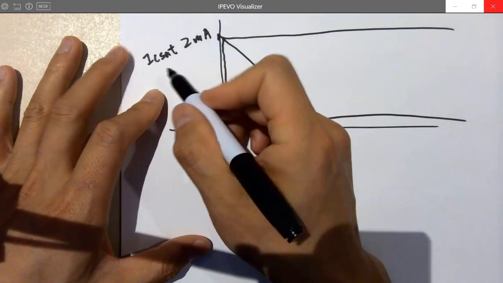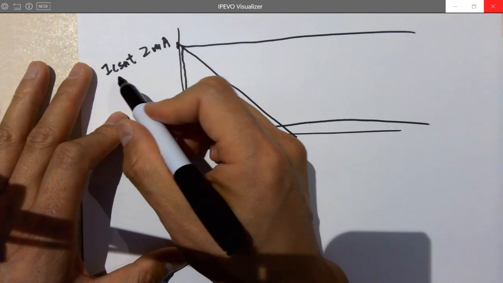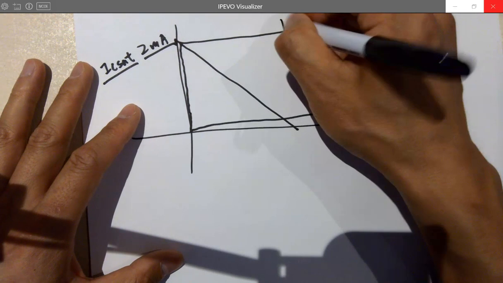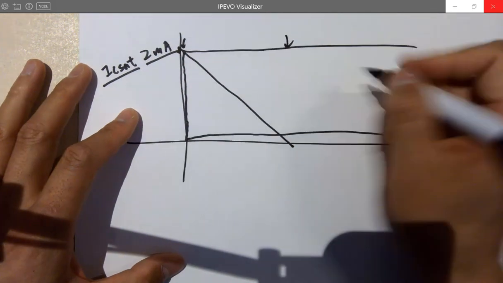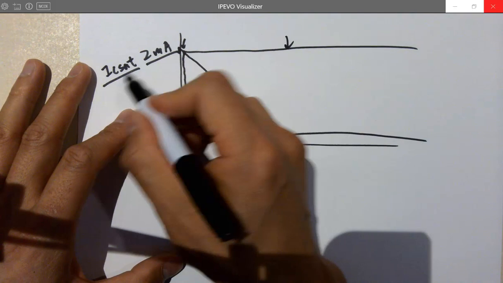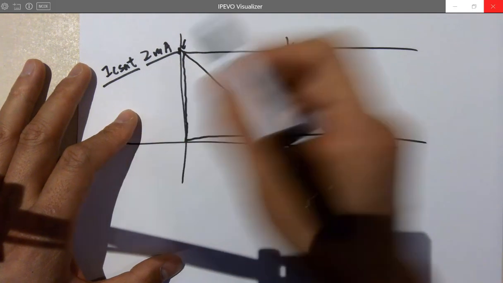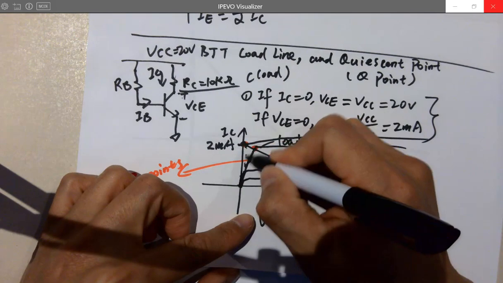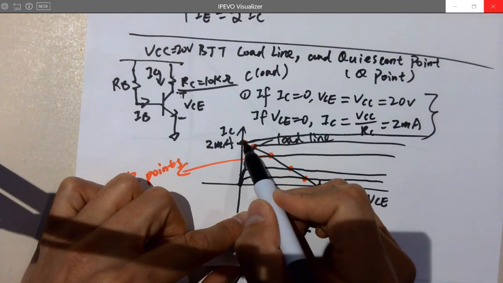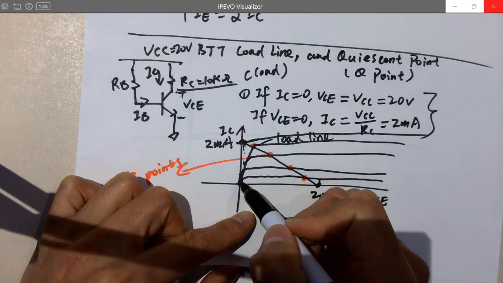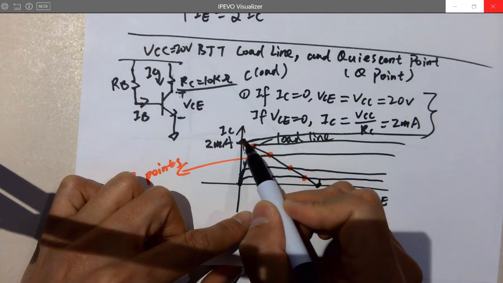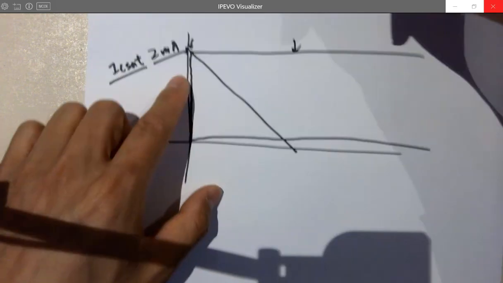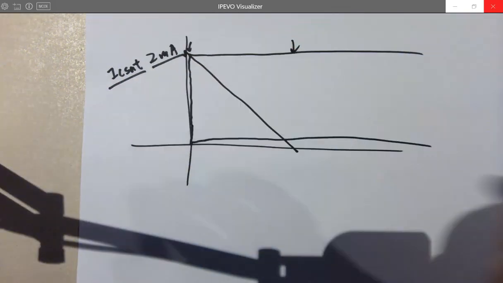Keep in mind, if you see this term on the homework assignment, you want to know that this is IC sat, because here's a linear region, here's the saturation region. It's already saturated. So ideally, IC sat should be the 2 milliamps. But you know it won't be, so this IV curve won't directly overlap with the y-axis, right? So there will be a little gap. But ideally, let's just treat IC to be 2 milliamps. That's the IC sat, ideally, okay?